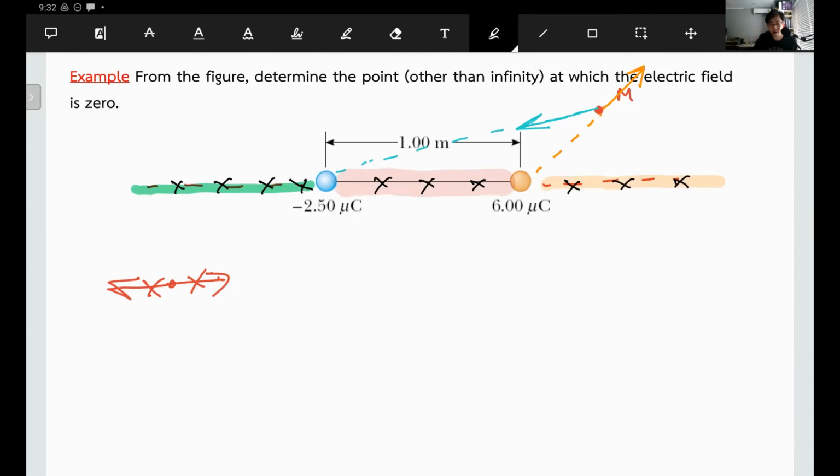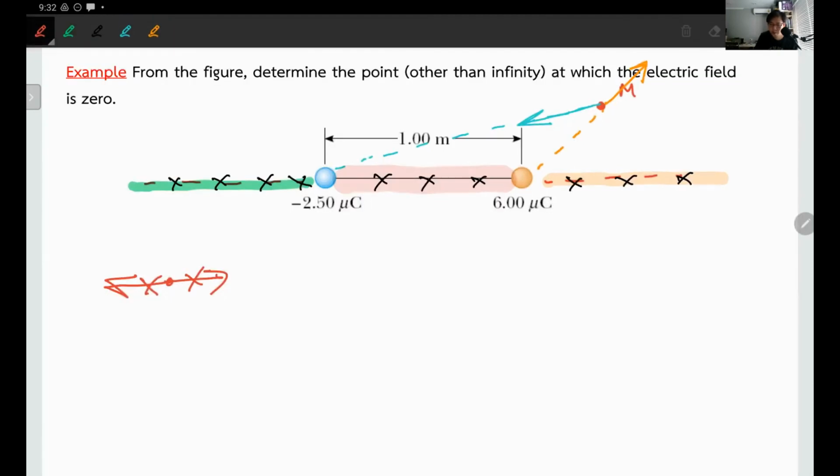Let's start from the right. From the look of this one, it could be somewhere around here. Let me pick a point once again, and call this point N. At point N, the electric field due to the negative 2.5 microcoulomb charge will be pointing to the left.